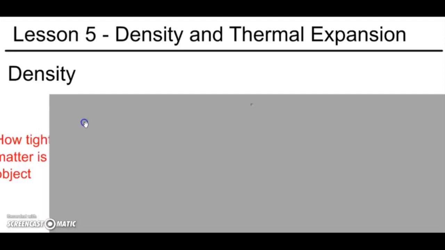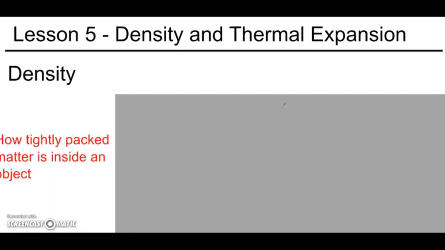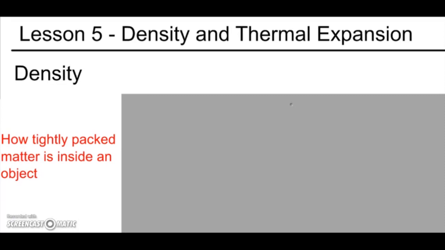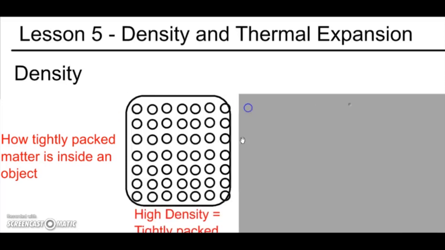Now, density is how tightly packed matter is inside of an object. Okay, so how tightly packed that matter is, if it's really tight or if it's really loose. A highly dense object is going to have very tightly packed matter. Here's what a high density object looks like.